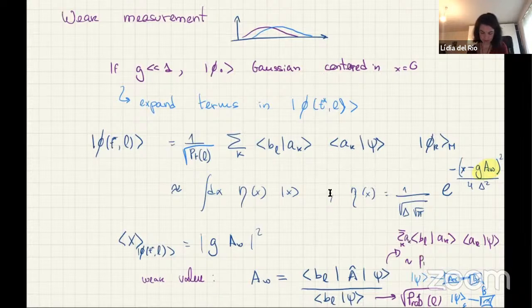Okay, so this is the probability of getting L when we measured A in between. Right? So it's the probability of getting L given that I made a strong measurement in between, and the probability of getting L if I had not made that measurement. Okay?